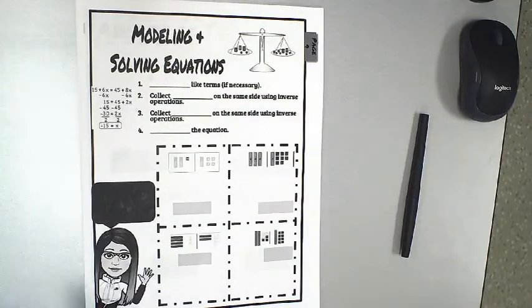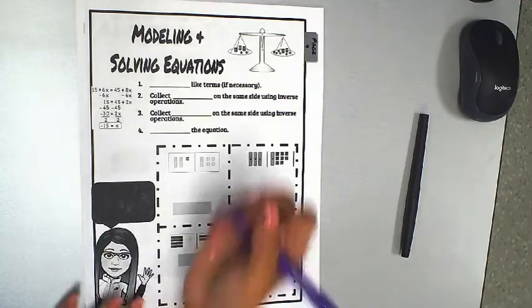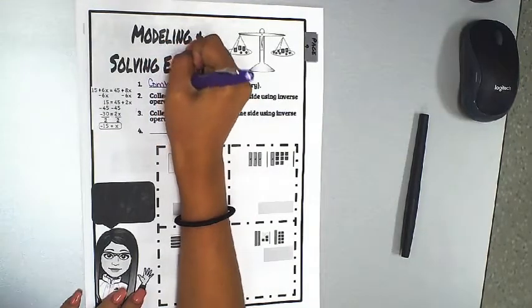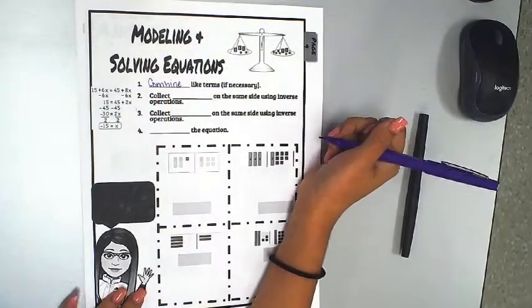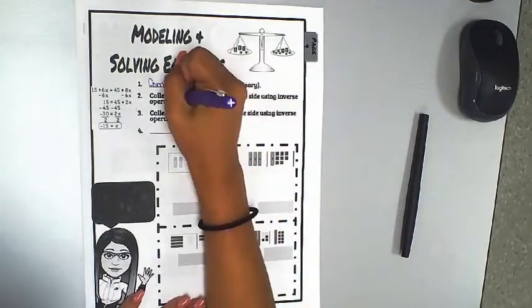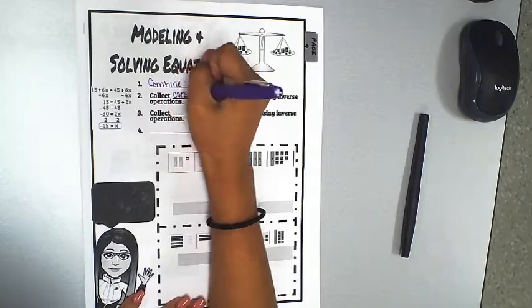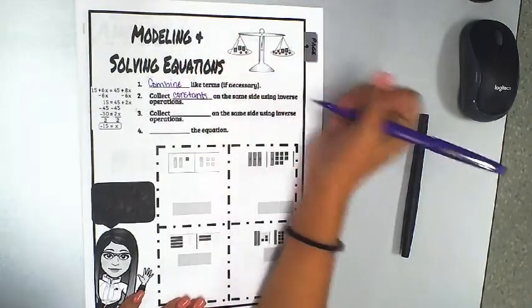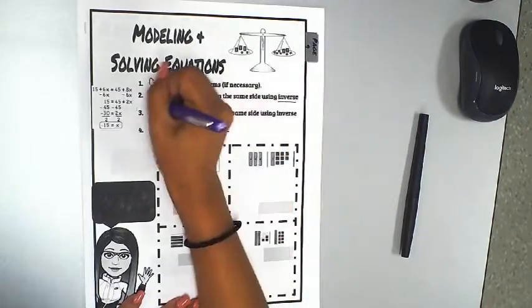This is actually going to be modeling and solving equations with variables on both sides of the equal sign of the equation. So first things first, we are going to combine like terms if necessary. And then we are going to collect all of our constants on one side using inverse operations.